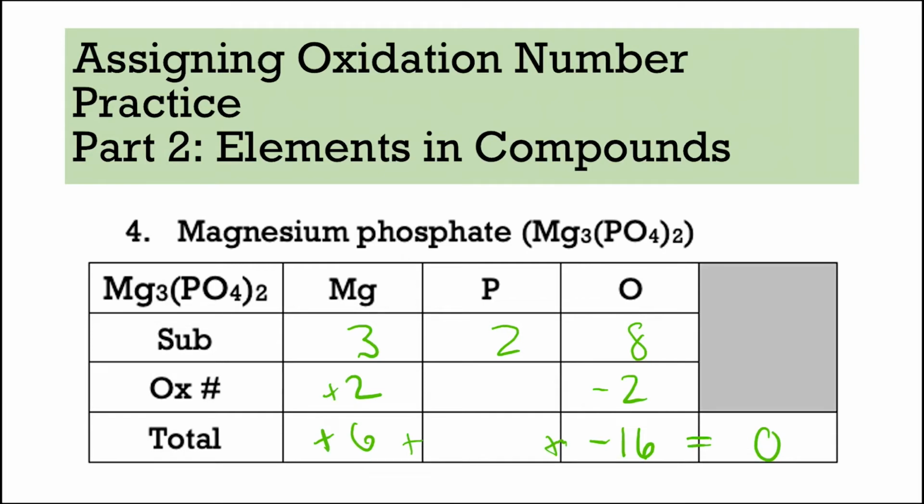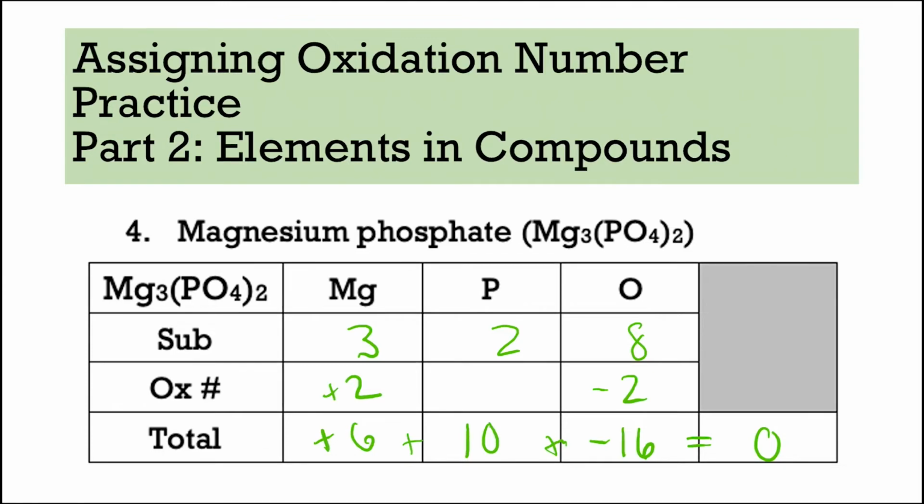Now, one of the reasons we saved phosphorus for last was because it has a bunch of different options. But now we can narrow that down to pick the exact one. So if we know that 6 plus something plus negative 16 gives you 0, the only thing that makes sense in this box is 10.